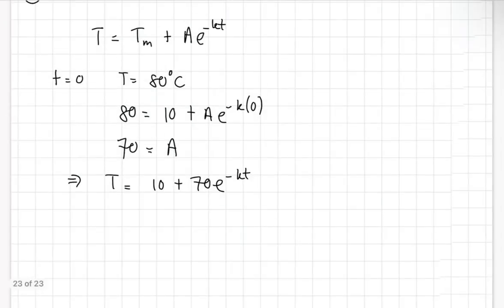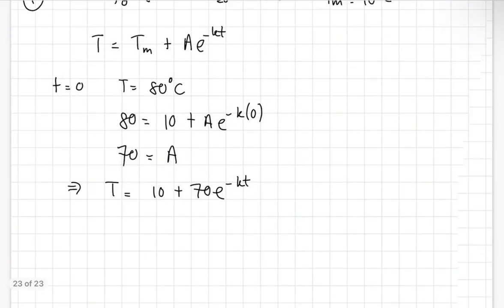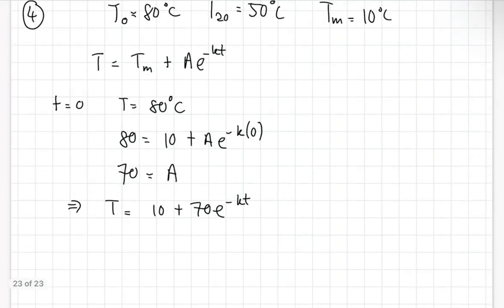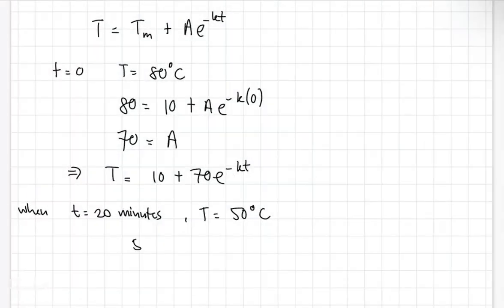Next, we find K by substituting when t equals 20 minutes, the temperature is 50 degrees. So 50 equals Tm, which is 10, plus A, which is 70, e to the power of minus Kt.